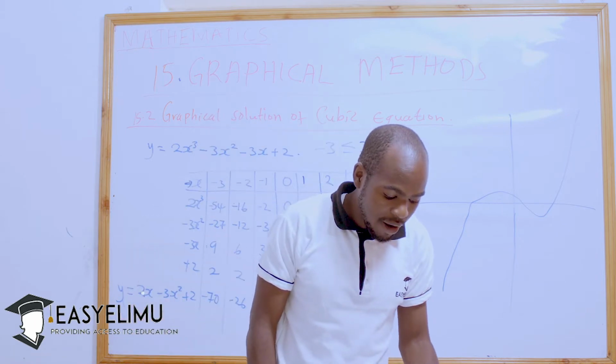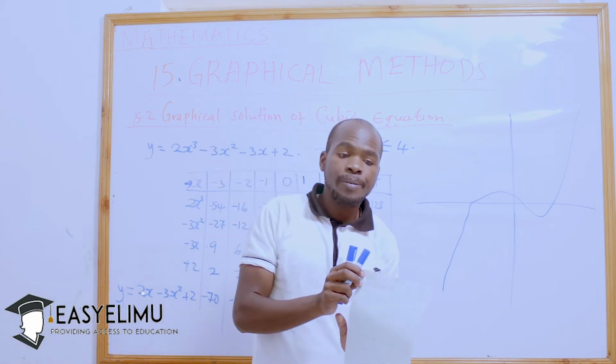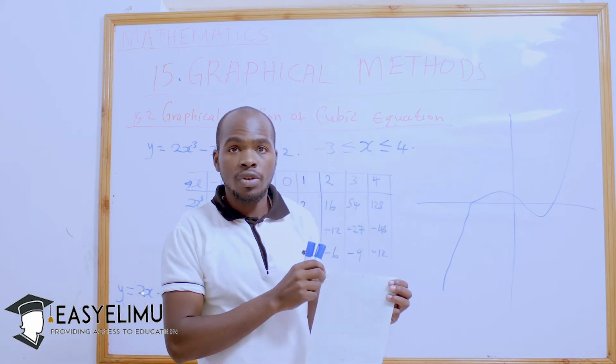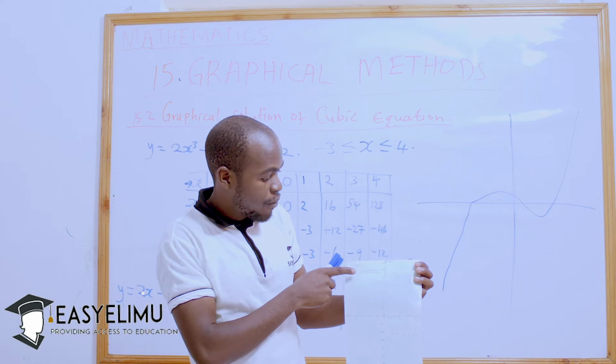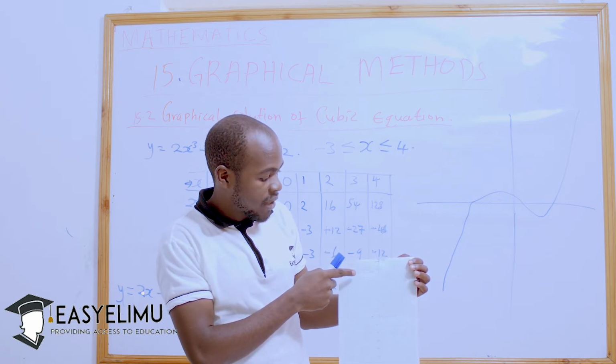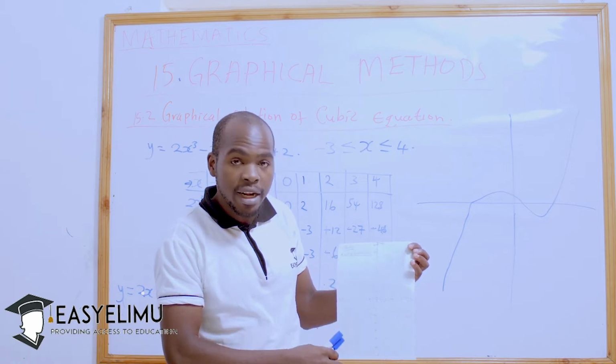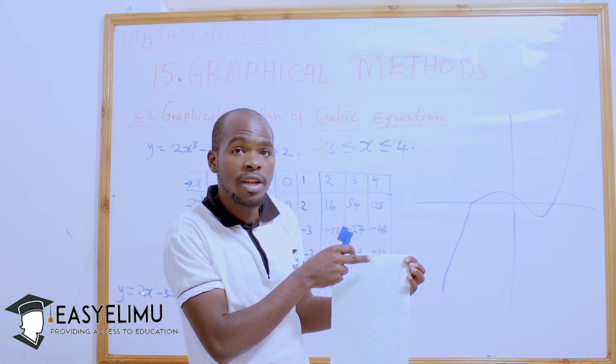From that graph, you will be required to do something. So the graph is here. We have a graph of y equals 2x cubed minus 3x squared minus 3x plus 2. I have named it, and you can see the curve I have drawn.